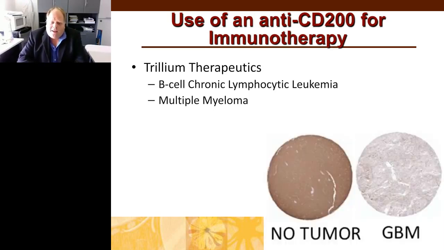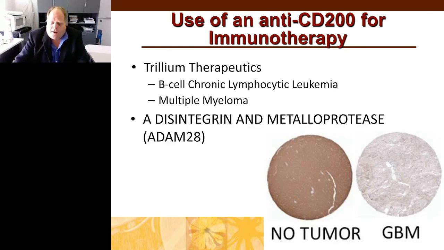So we think this is because of what we discovered just recently: you can see the brown in normal autopsy tissues, CD200 staining in brown. You see very little of this on the tumor itself, especially high-grade glioblastoma multiformes. And that's due to the protein being cleaved by an ADAM28 protease.